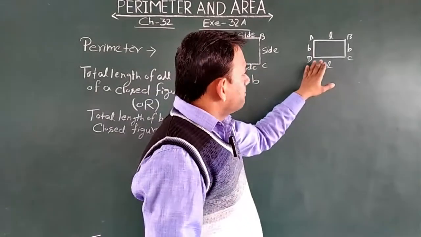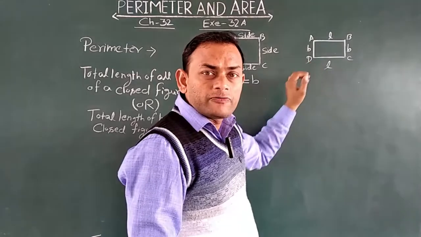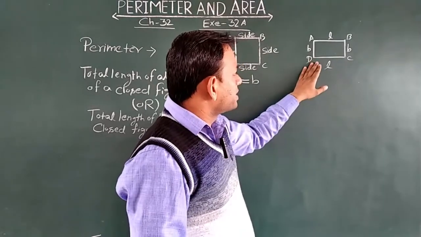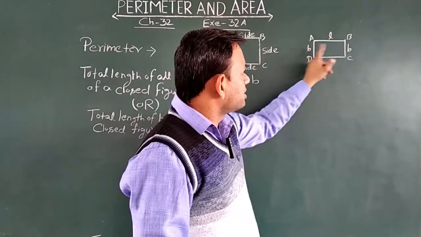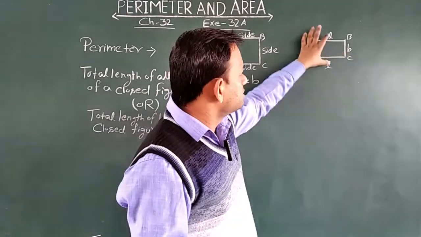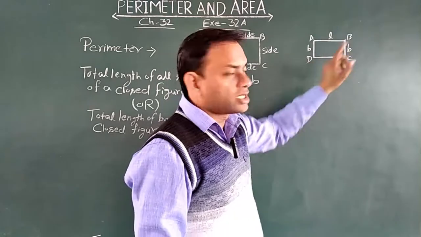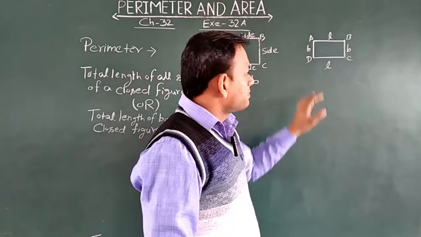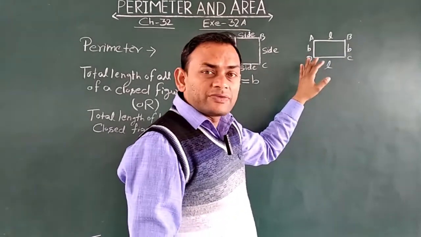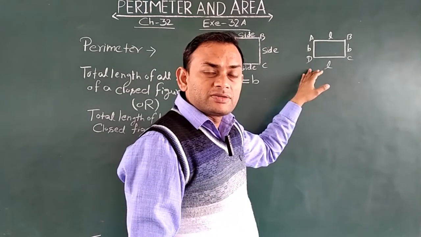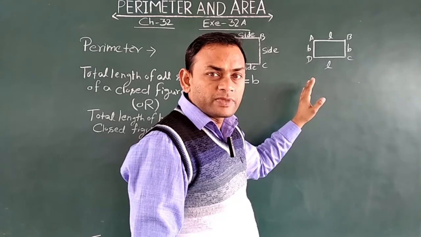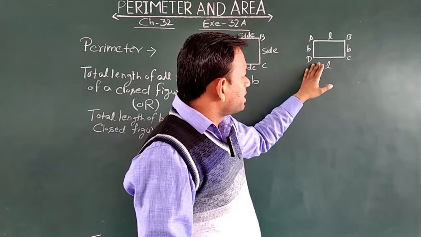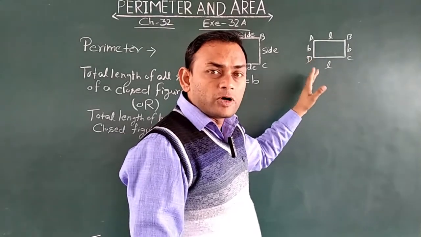After that, the perimeter of a rectangle. How do we find the perimeter of a rectangle? As I told you, in a rectangle opposite sides are equal, or we can say 2 lengths and 2 breadths are there. As I told you, perimeter is the total length of all the sides of a closed figure, or the total length of a boundary.